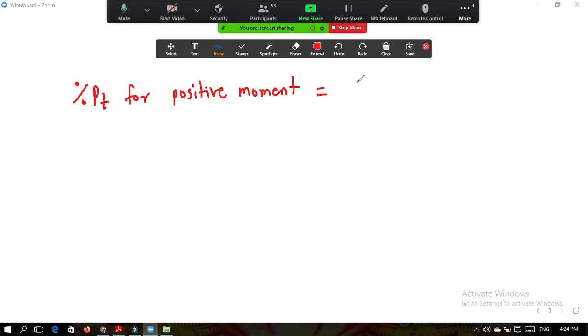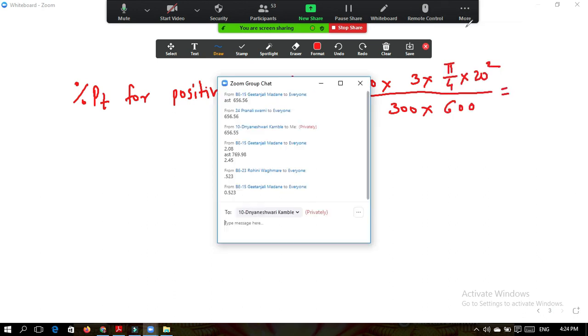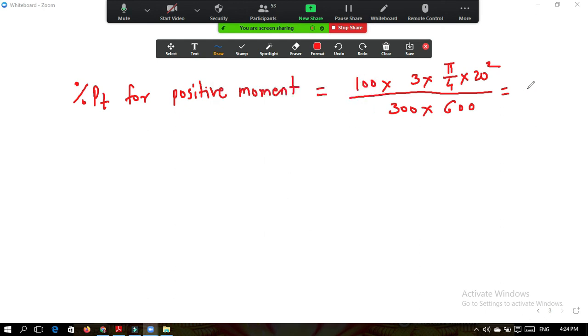B is 300 and D is 600. What is the percentage now? 0.52%.